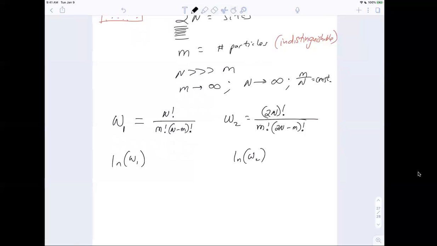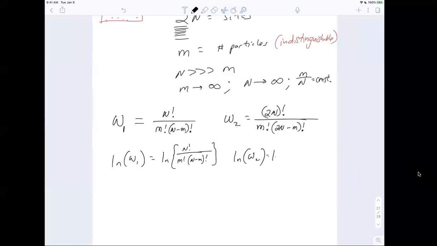Okay. So if we were to take the log of both of these sides, we would have the log, in this case, of n factorial over little m factorial n minus m factorial. And on this side, we would have the log of 2n factorial. Right, I forgot a log.